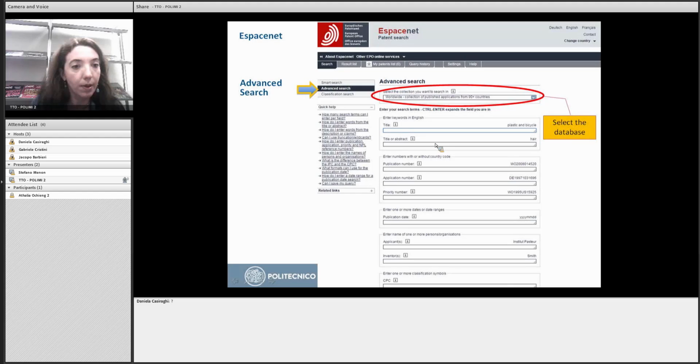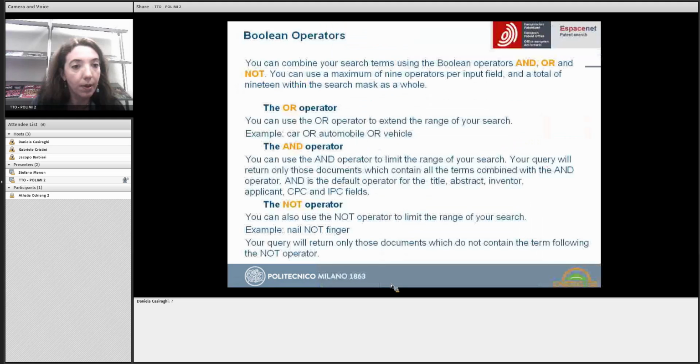You open a page with several fields where you can select the database, write the keywords of the title, if you know the priority number or publication number of the patent you are searching for, or you can use the CPC codes. So basically you can use all the information you have to find the patent.